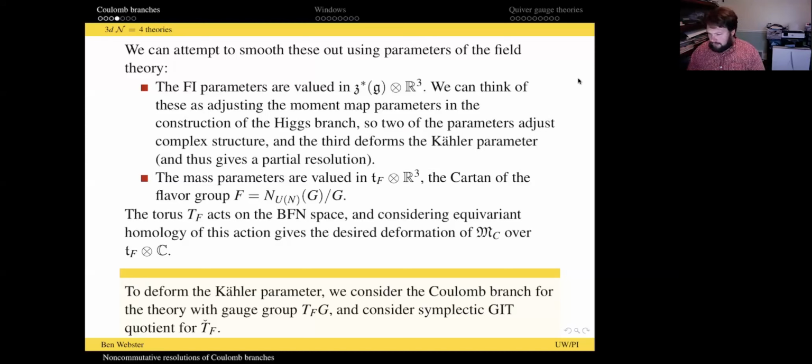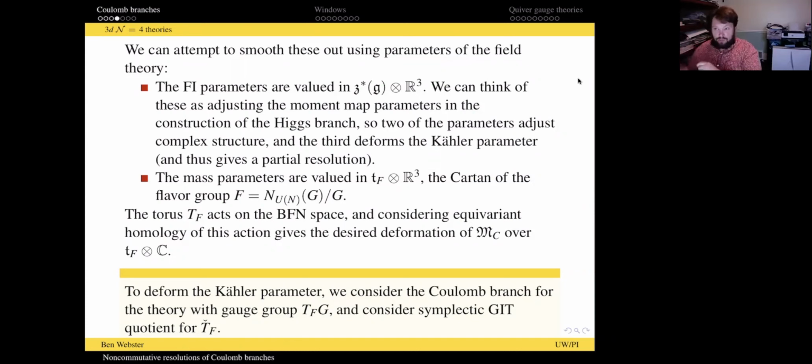You have to work a little bit more to see how these vary things in the Coulomb branch. The way I like to think about it is you can make your gauge group bigger. You can take the gauge group that's the torus in the flavor group times G. And that actually has a symplectic action of the Langlands dual torus to the torus in the flavor group.